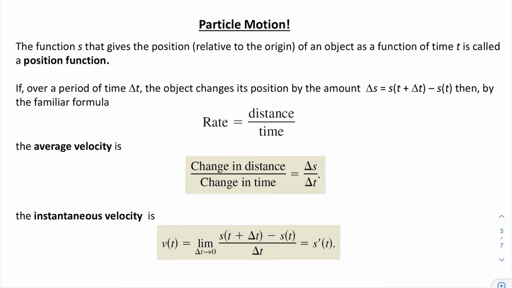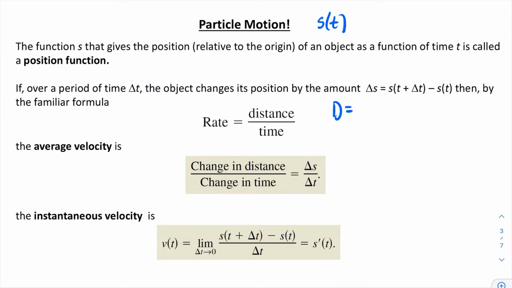So the function s typically stands for position. So s of t typically stands for position of an object over a certain time period t. And so we're given delta s is s of t plus delta t minus s of t. Then we have a familiar formula. We know rate is distance over time.